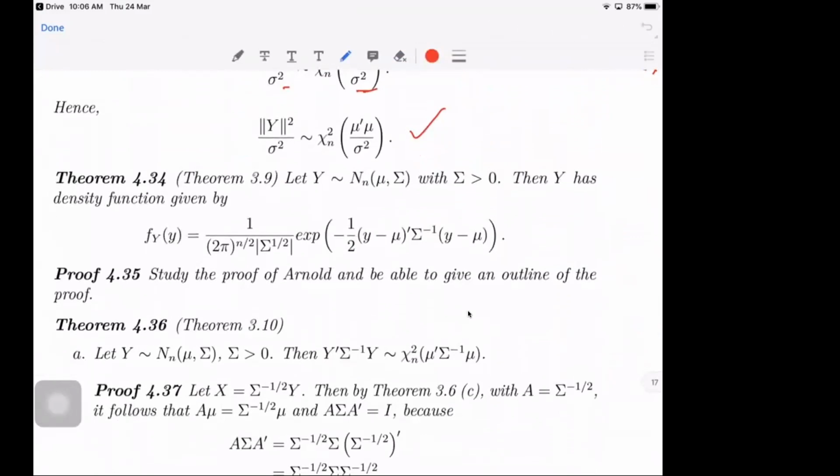Now, this is the probability density function of your normal distribution.